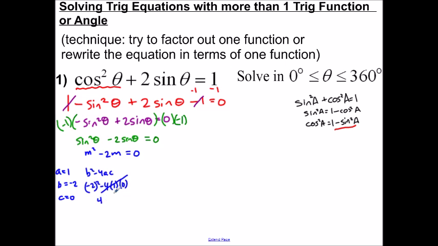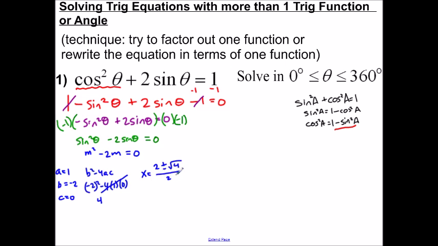Alrighty. So now I get into the rest of the quadratic formula. M equals, we'll call it x equals, but it's really m, negative b, so positive 2, plus or minus square root of 4, all over 2.